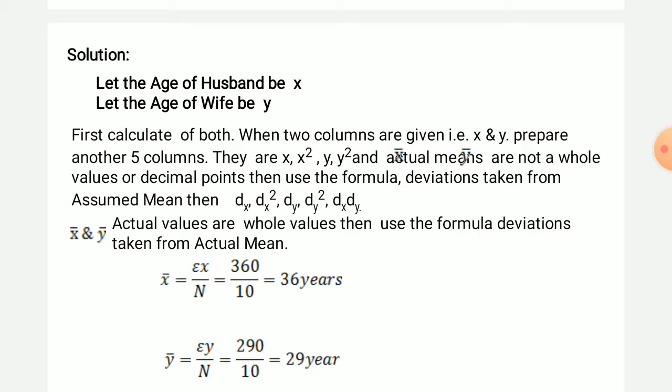When two columns are given, that is x and y, we can prepare another five columns.